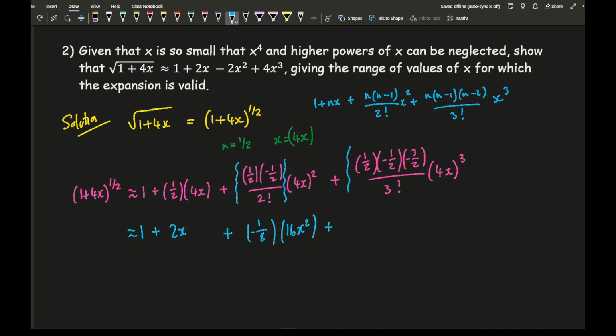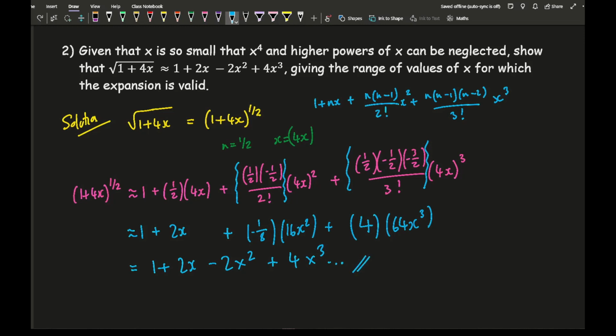Plus, again on my calculator, I end up with positive 4, and 4x cubed is 64x cubed. Simplifying all of this, I get 1 plus 2x minus 2x squared plus 4x cubed.